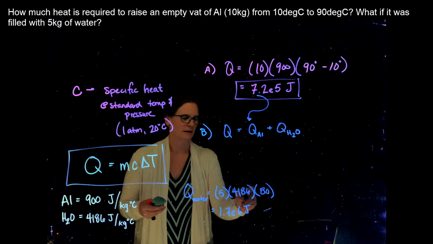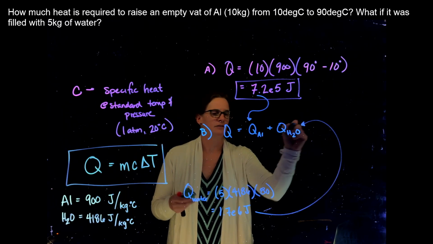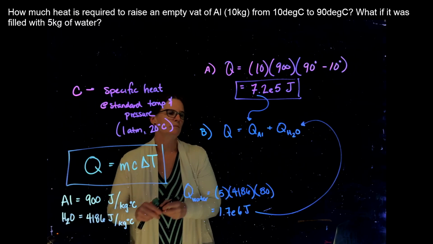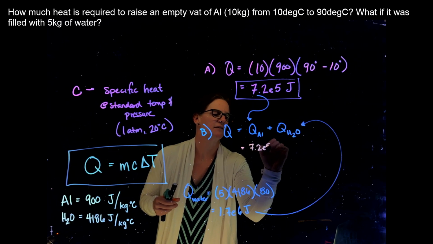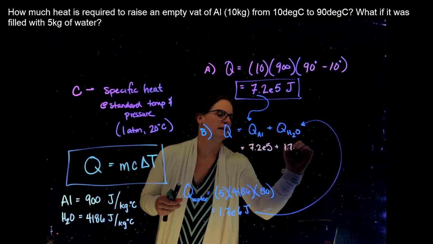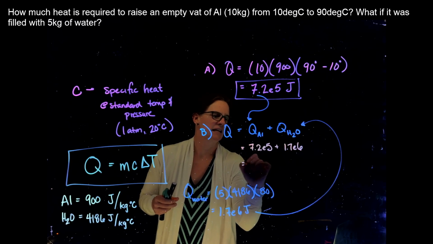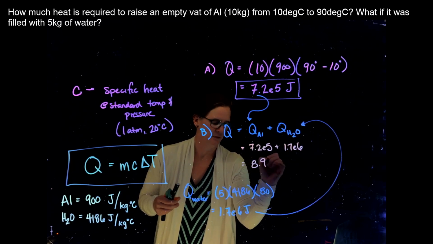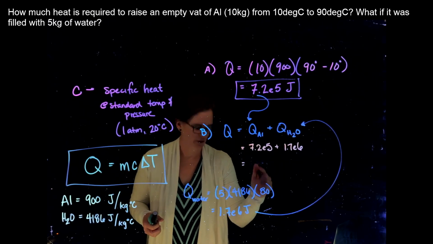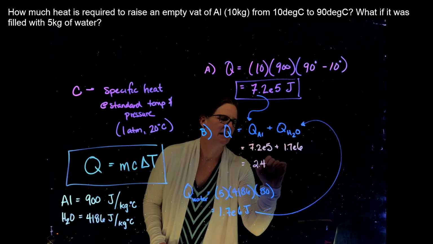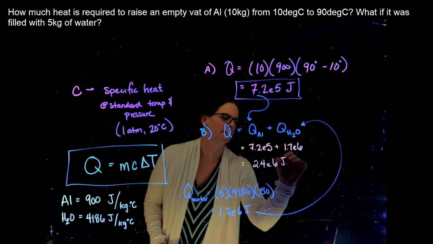And so I can plug that in for this value, and we find our total heat to be 7.2 times 10 to the 5th plus 1.7 times 10 to the 6th, and we get 8.9, no we don't. We get 2.4 times 10 to the 6th joules.